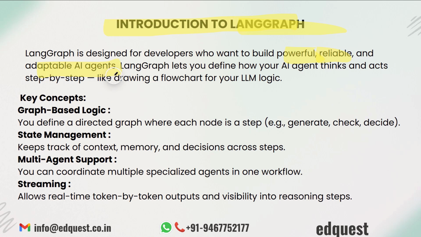It lets you define how your agent thinks and acts, step by step, just like designing a flowchart. Each step, or node, can perform a specific action like calling an LLM, invoking a tool, or making a decision. And the flow from one step to the next, that's your graph.